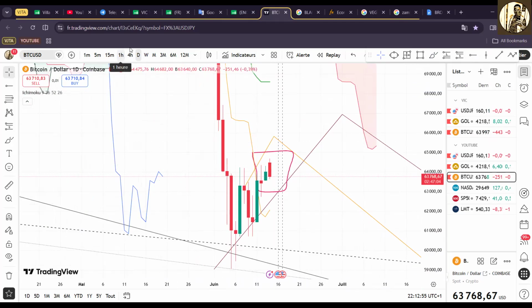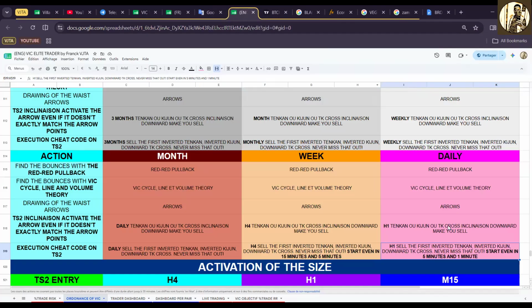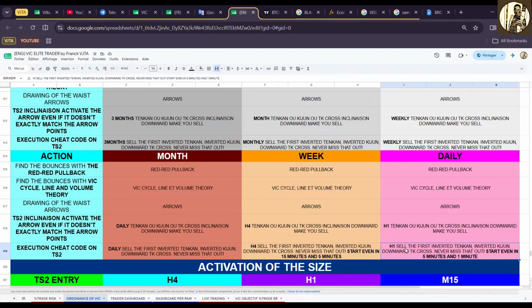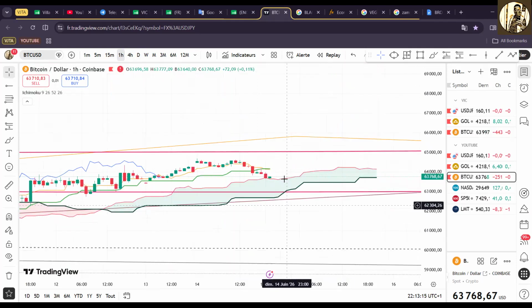So what you need to have as a cheat code to start selling is that as soon as the 1 hour Tenkan, that's what I call the cheat code. When you sell the first Tenkan inverted or Kijun inverted, downward, you never miss it. So just sell the first one.